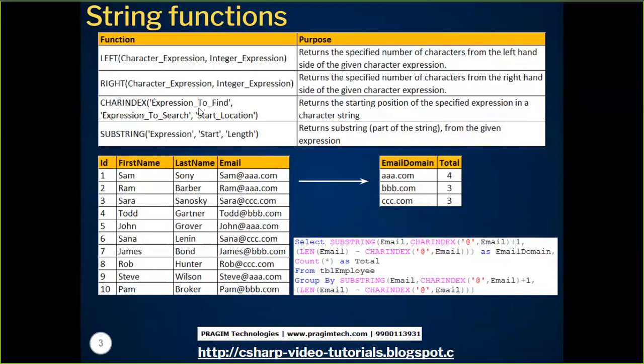So the first value to provide would be what you're looking for, the second value would be where you're looking in, and the third value would be the position you're starting to look from.